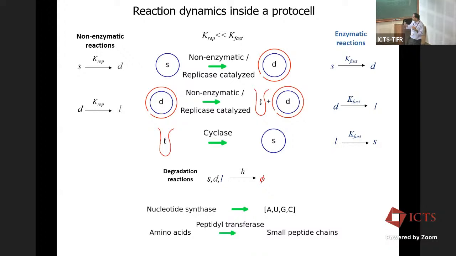So the question that we wanted to address is whether there is a hierarchical emergence in functional complexity through emergence of different types of ribozymes through both non-enzymatic as well as enzymatic reactions. And if so, can we sort of guess what the earliest ribozymes could be? Can we put some ordering on the ribozymes which appeared right at the beginning?